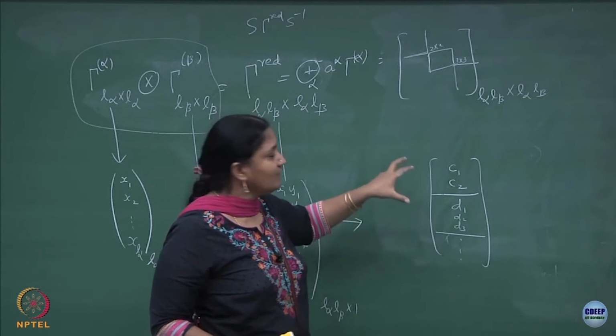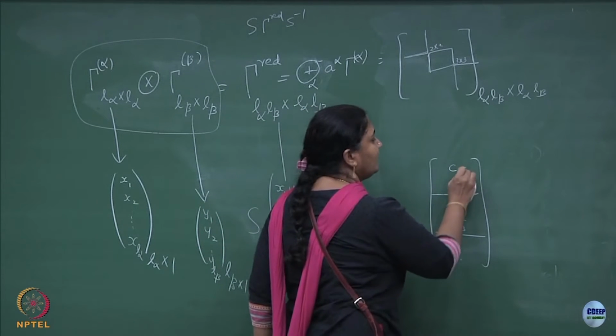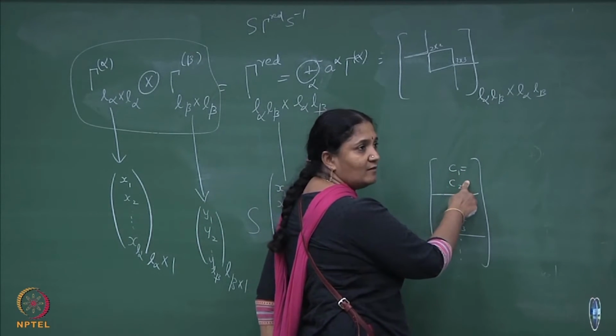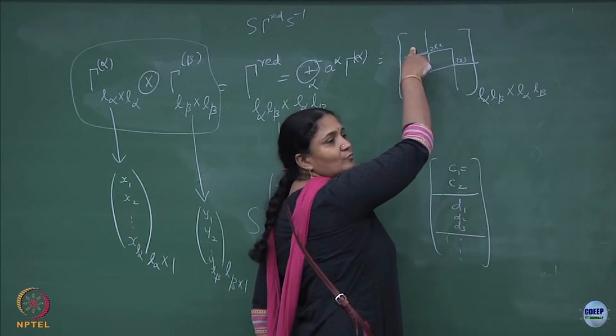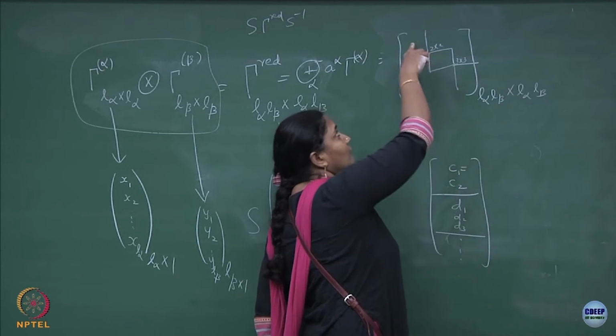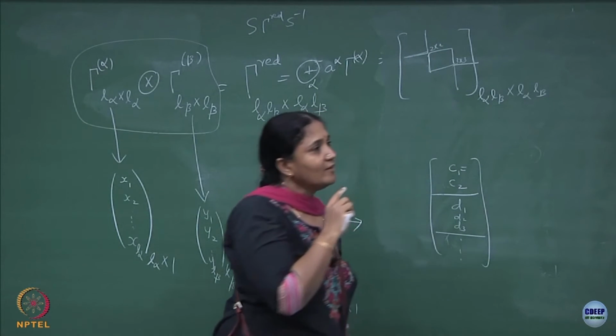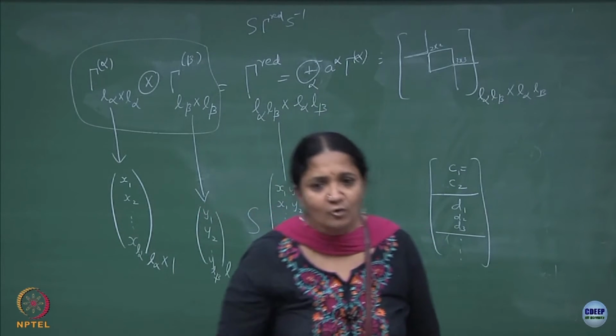So, we want to understand what linear combination gives you C1, which belongs to the vector space on which this irreducible representation acts. That is what we want to understand.